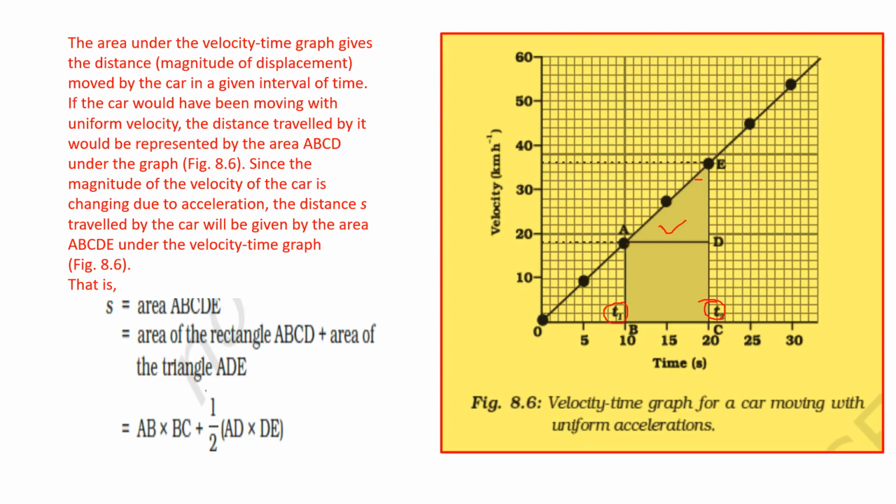So displacement is equal to area of ABCDE, which is equal to sum of area of rectangle ABCD and ADE. So area of the rectangle is AB into BC, and area of triangle is half, 1 by 2, base into height. Base is AD and height is DE. So in this case also, the area under the curve gives the displacement of the object.